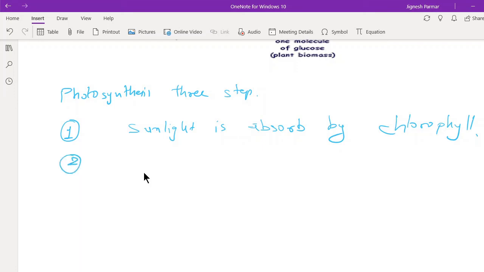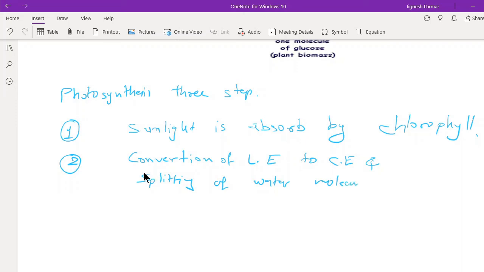Now in the second step, it's the conversion of light energy into chemical energy. Here the conversion of light energy to chemical energy takes place, and along with this the splitting of the water molecule takes place. So in the second step, light energy is converted into chemical energy, and the water molecule splits into hydrogen and oxygen.